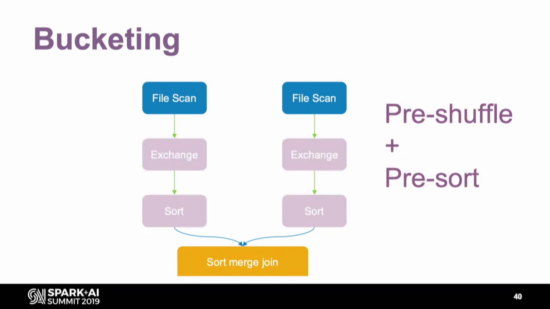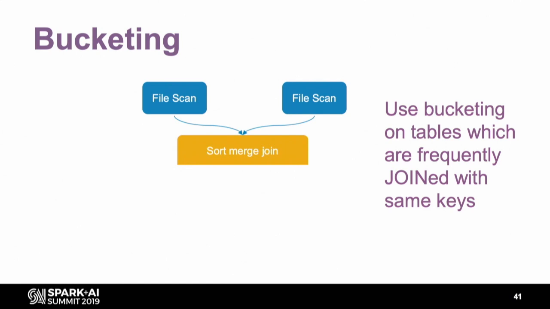An improvement can be to pre-shuffle and pre-sort with the join keys for both tables, so that when joining the tables next time, the shuffle and sorting are avoided. This is very useful for tables which are frequently joined with the same key.